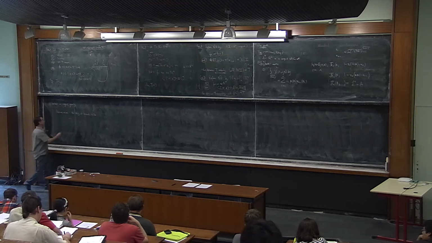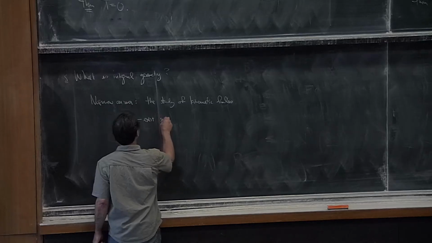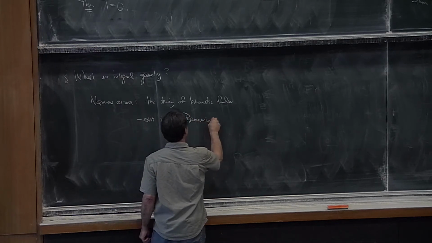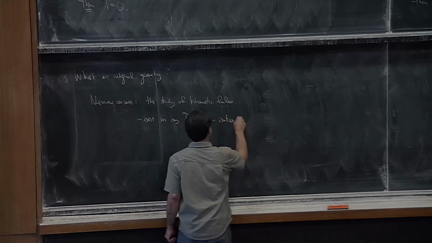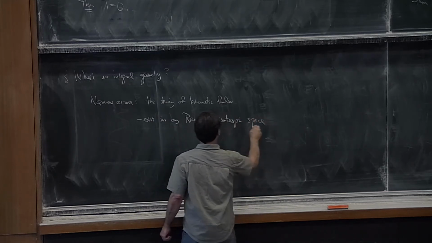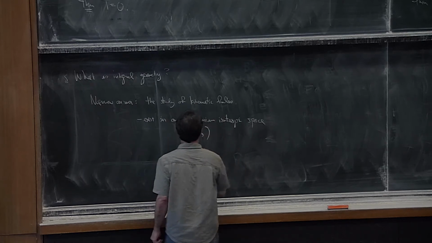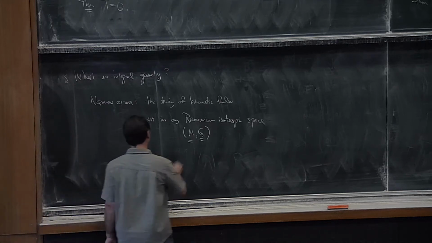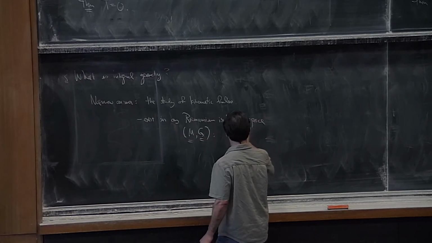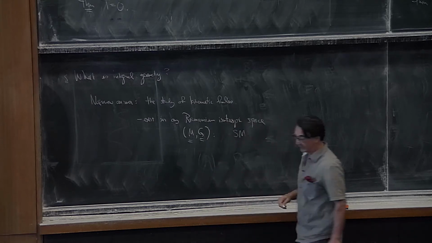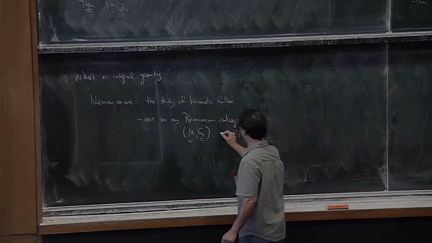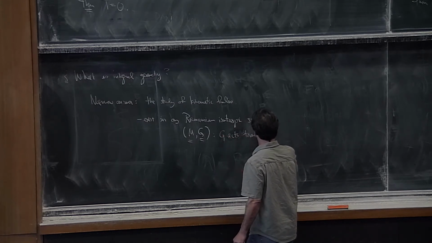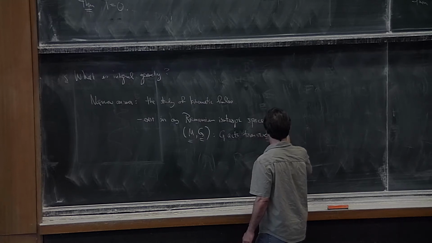Furthermore, such things exist in any Riemannian isotropic space (M, G). What do we have here? We have a Riemannian manifold together with a group of isometries. We have the tangent sphere bundle of M, and G is supposed to act transitively on SM.